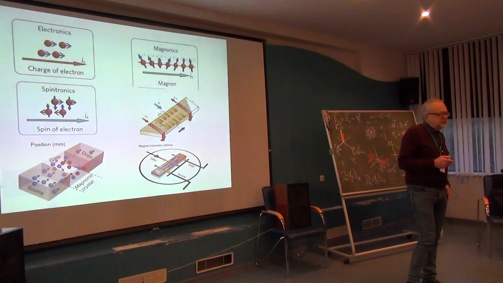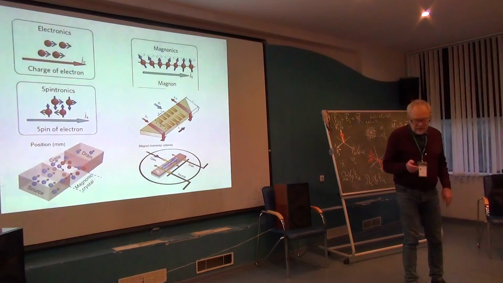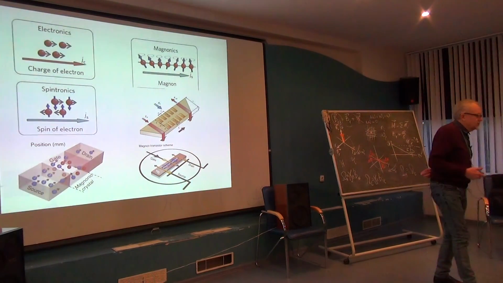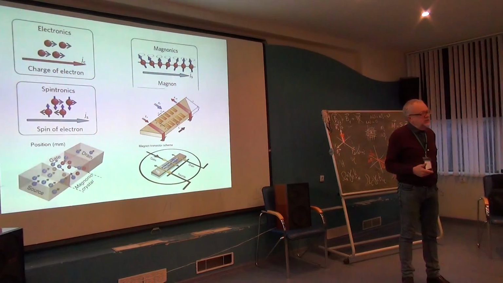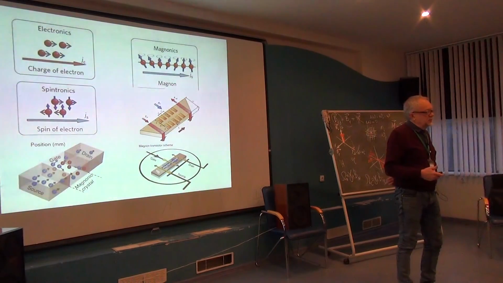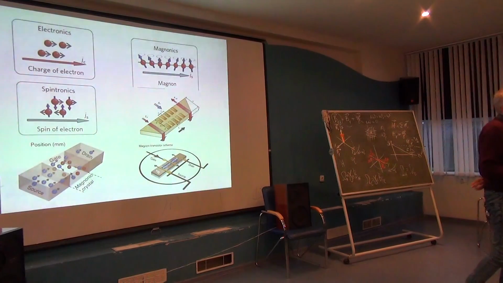Later, it was found that in addition to the electrons and different methods of application for electrons, there was a possibility to use the spin part of the electrons to change the parameters of electric current.